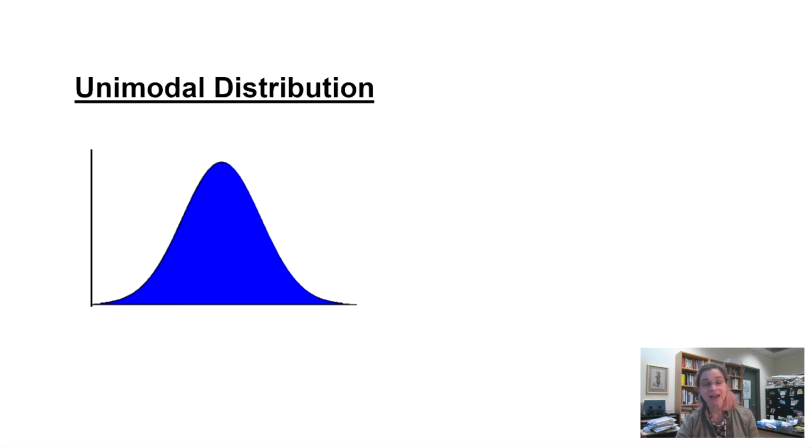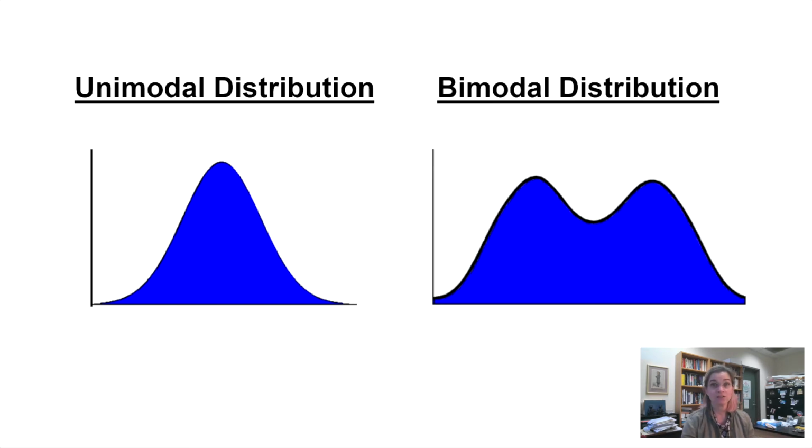So now, back in Module 3, we talked a lot about variation and how variation is distributed. Some phenotypes have a unimodal distribution, and sometimes variation has a bimodal distribution.